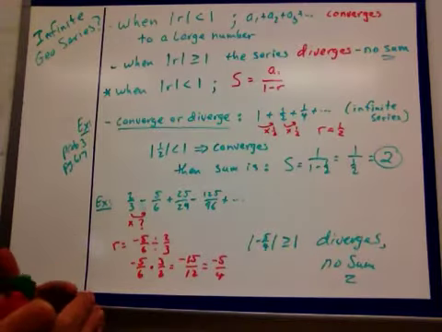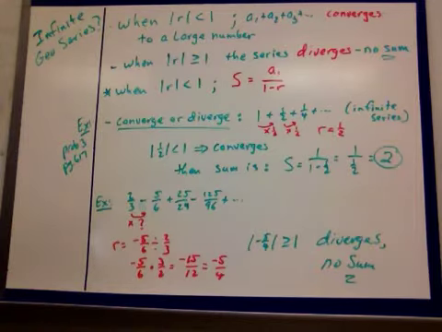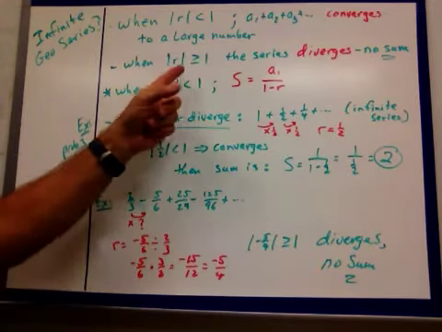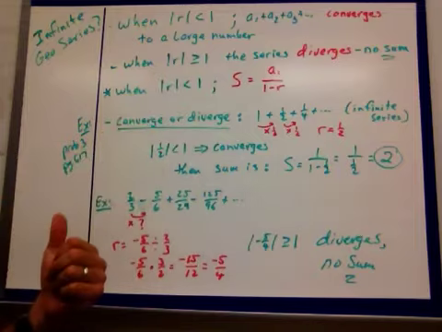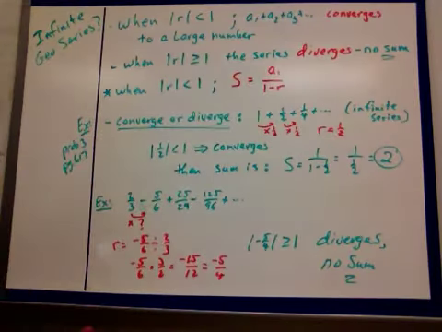We're getting closer to some number. If the absolute value of that r is bigger than 1, like the one we just did, where r was 2, then we say the series diverges. There's no sum. It's not getting close to any number.